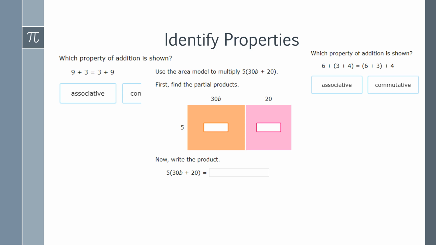So for the distributive property one, you have to be able to multiply it. So 5 times 30 is what? 150. And what about 5 times 20? 100.